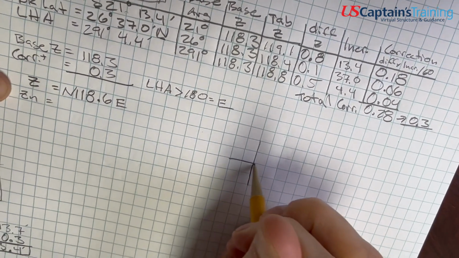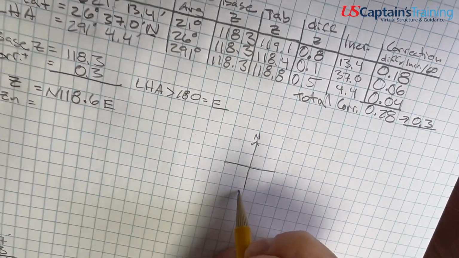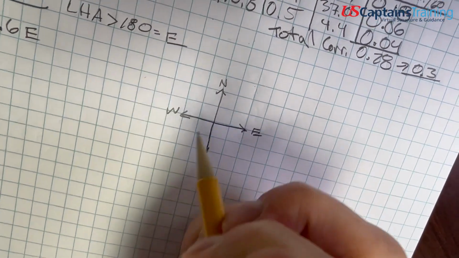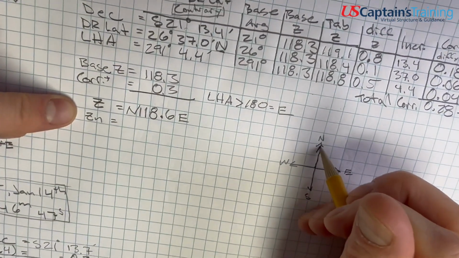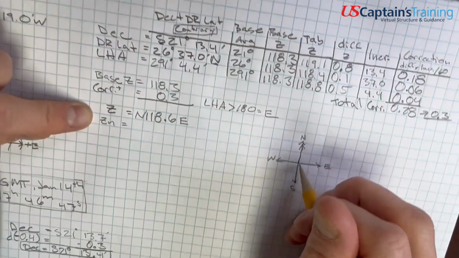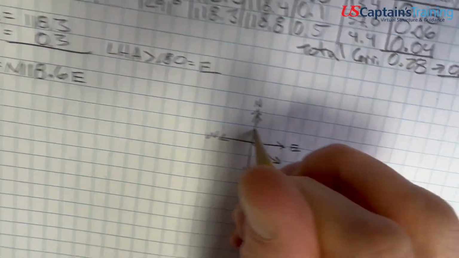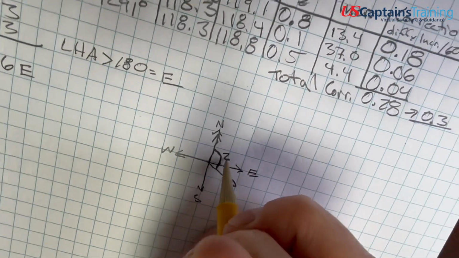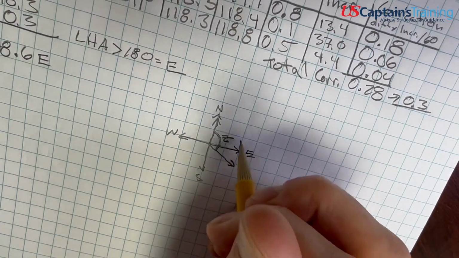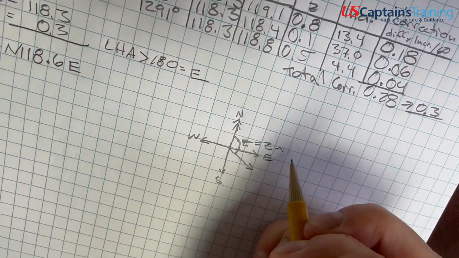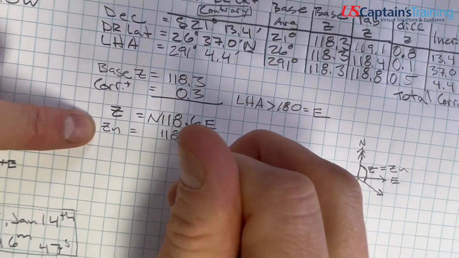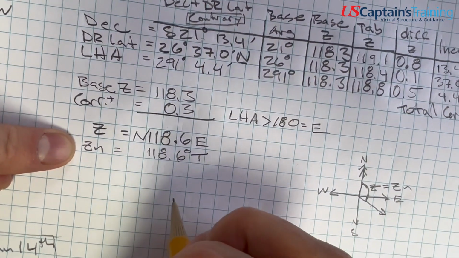If we draw this little compass here, we get north, south, east, west. So we're working with north, and we're east of north, 118.6. So there's 90. It's going to be somewhere down in here. So this is going to be our z. But if you look at it, this is also Zn. This is our angle from north. So in this case, z equals Zn. So Zn is going to be 118.6 degrees.